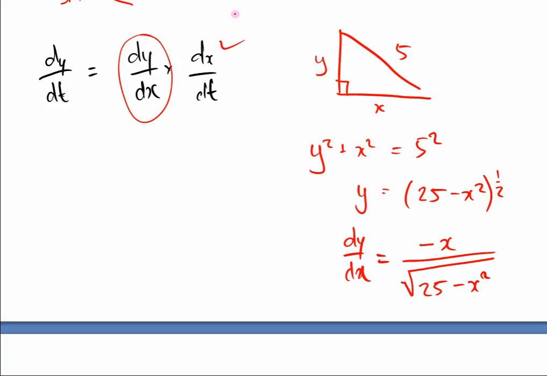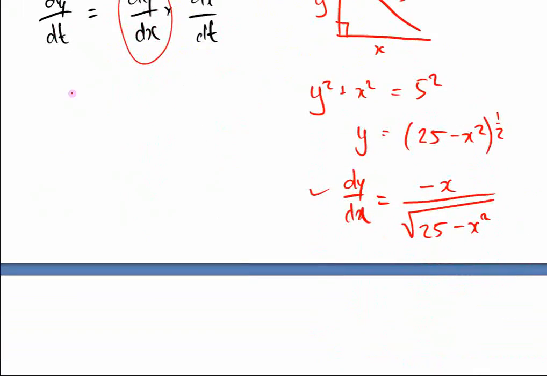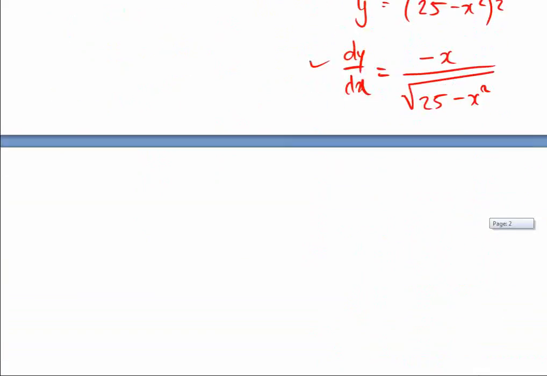So I can just put this and my 0.4 into this formula. What do I get? I get dy by dt is equal to dy by dx times dx by dt.